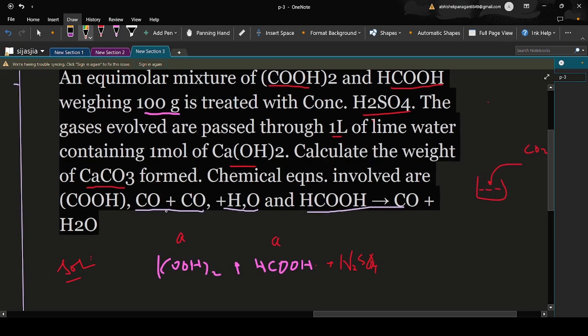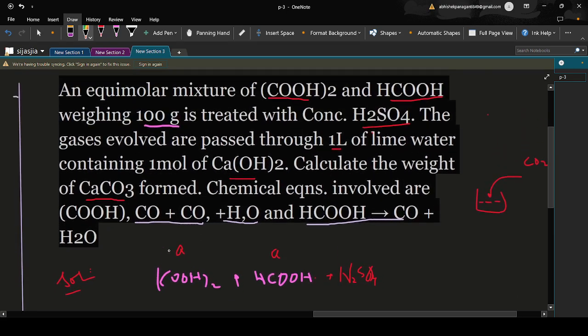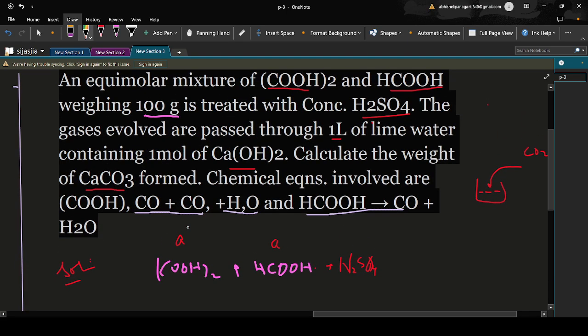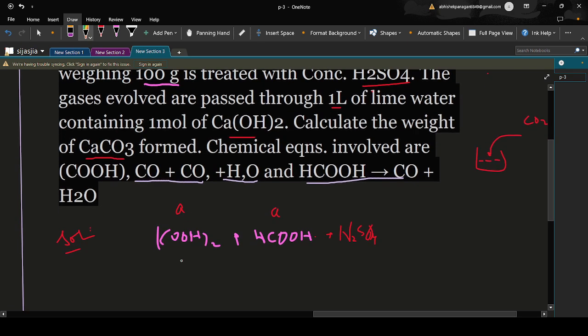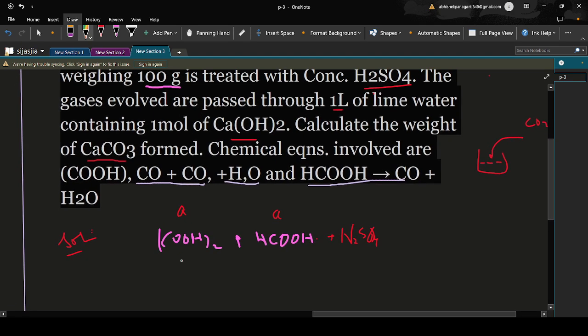Equimolar mixture of this and this is treated with concentrated H2SO4, the gases are passed through 1 liter of lime water containing 1 mole of Ca(OH)2. Calculate the weight of CaCO3 formed.